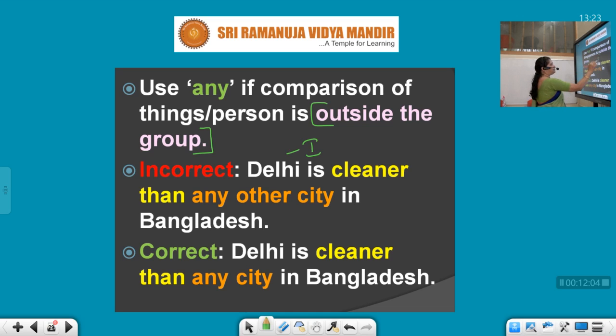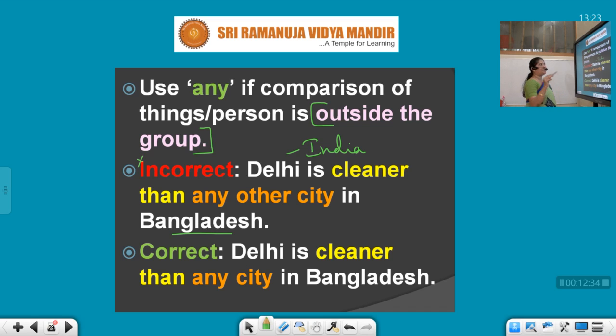Delhi is in India. So I'm not supposed to say Delhi is cleaner than any other city. I'm supposed to say Delhi is cleaner than any other city in India. That's correct. Because Delhi is in India. But I'm talking about another country, that's Bangladesh. So that is going to be an incorrect sentence. What is the correct sentence? Delhi is cleaner than any city in Bangladesh.